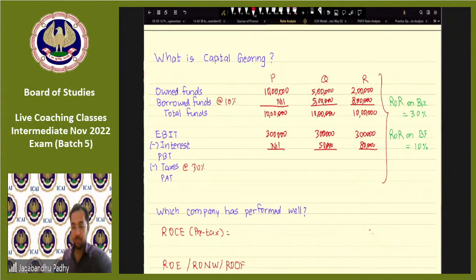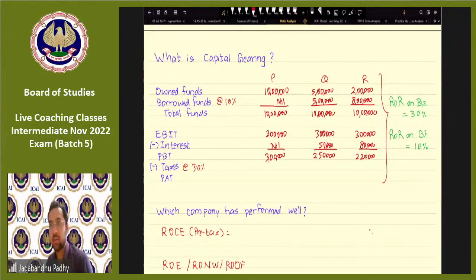So profit before taxes will become 3 lakh, 2 lakh 50,000, and 2 lakh 20,000. Okay.